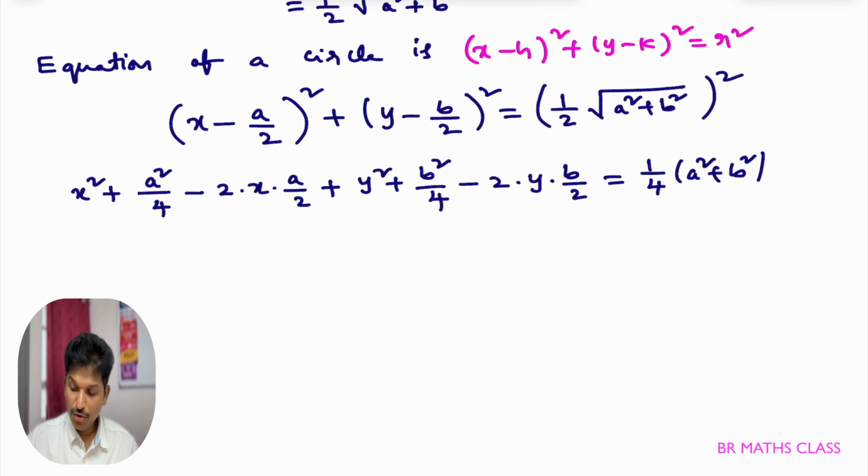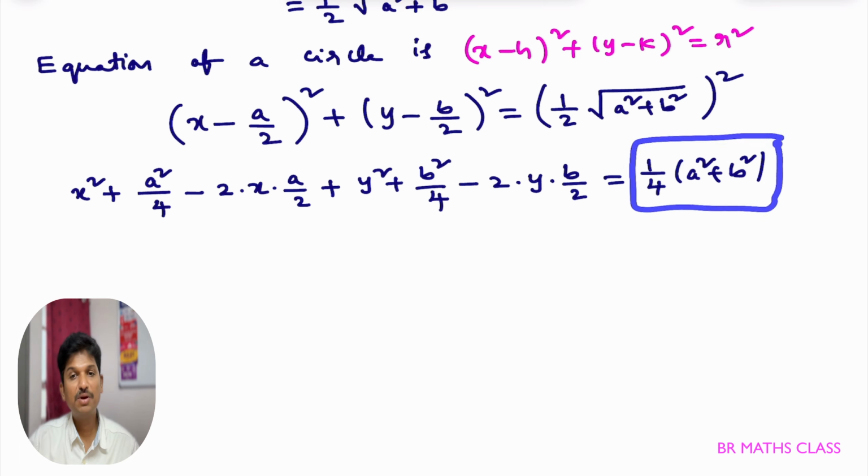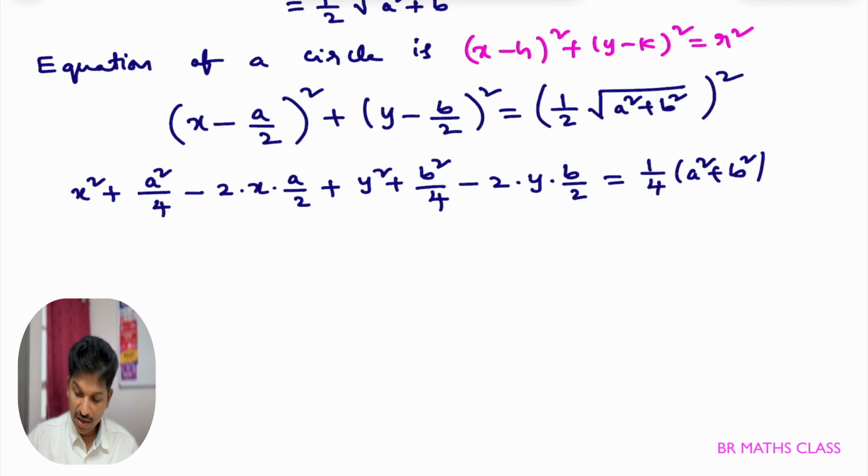If you observe here, when you multiply this with 1 by 4, the right hand side part is a square by 4 plus b square by 4. You see here, this a square by 4 and this a square by 4, plus b square by 4 and b square by 4 will get cancelled, right? And this 2 also will get cancelled. What is remaining? I'll write x square plus y square.